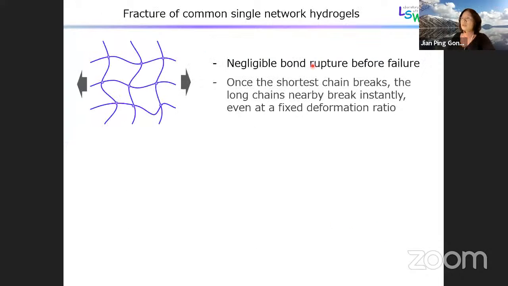As an example, in the case of single network gels it becomes very clear. Usually if we deform a single network gel, there is negligible bond rupture before failure. But once the shortest chain splits, the long chains nearby also have stress concentrations, and then the sample will break at some point, and the sample is completely failed.